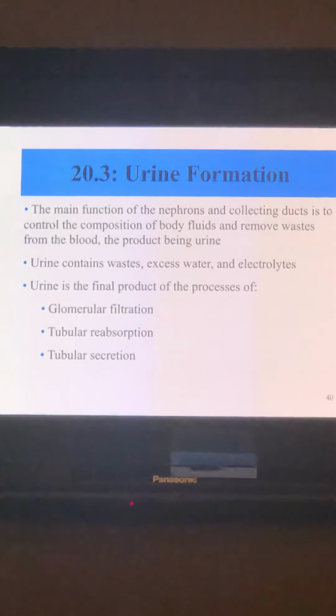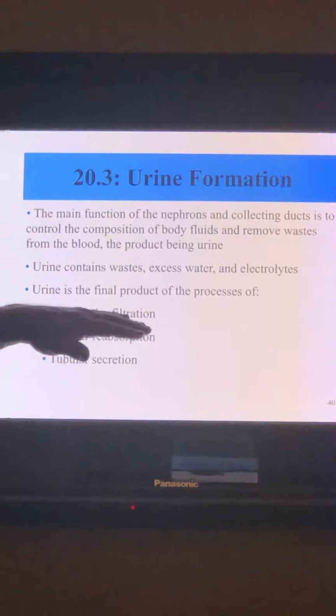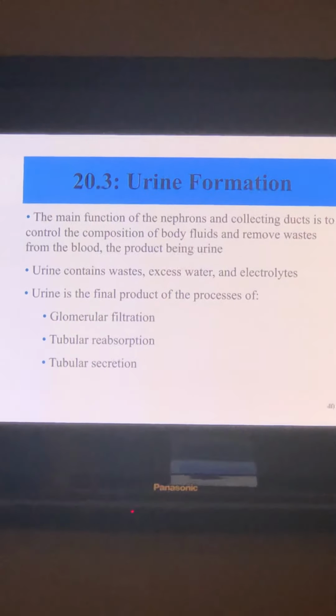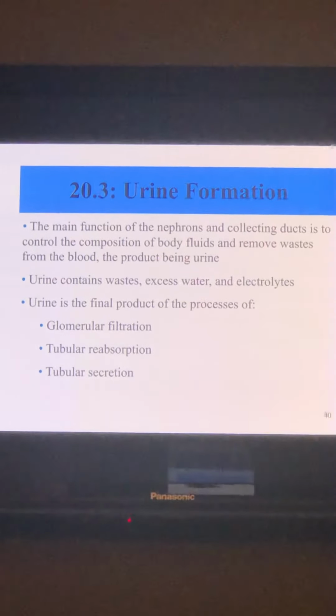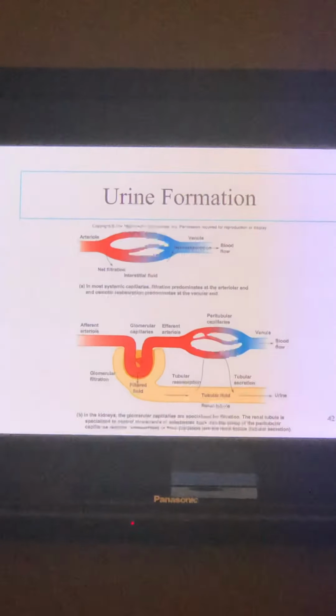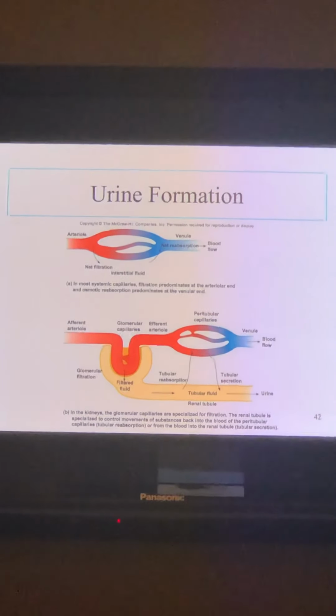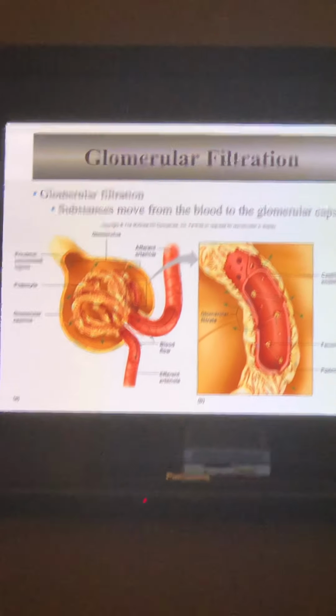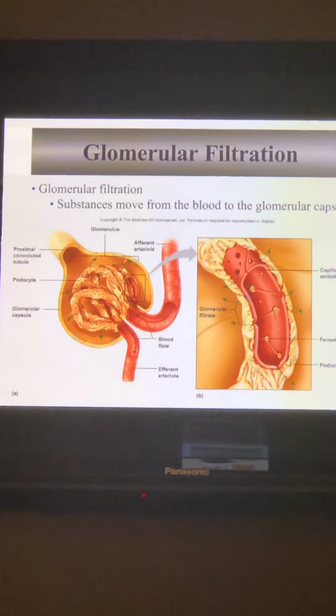We have 3 processes: glomerular filtration, tubular reabsorption, and tubular secretion. I'm going to make this as short and sweet as I can, which normally I don't. Okay, we'll start here. Glomerular filtration.